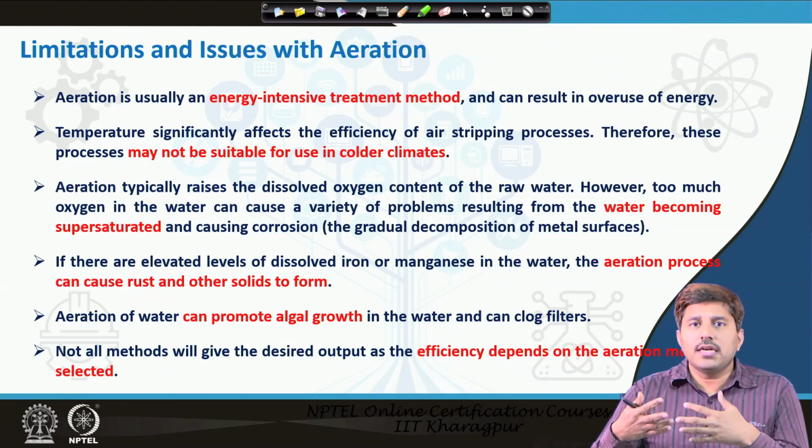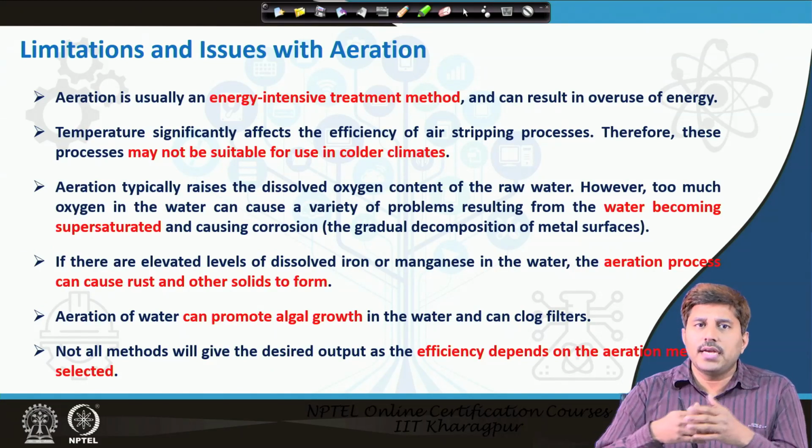Further, it can promote algal growth, or even bacterial growth in the water. If we are using filters, algae can clog the filters. Those kinds of issues might also be there.